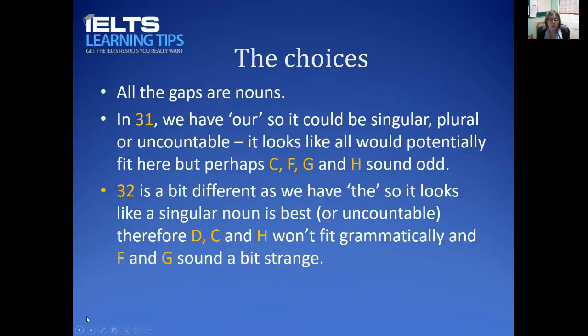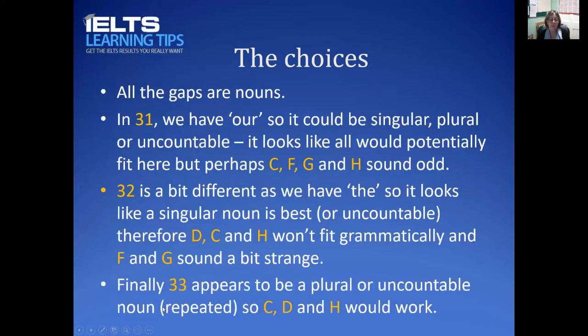So as you can see, we can start to reduce the list a little bit by this investigation. And 33 would look to be either plural or uncountable, because we've got the word repeated. And so we can see that these letters, C, D, and H, are going to work for that.